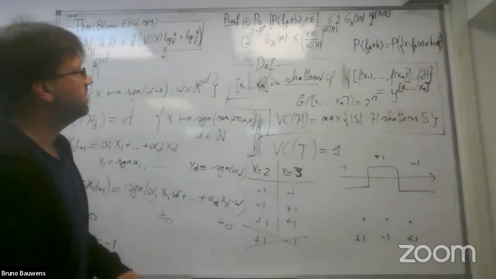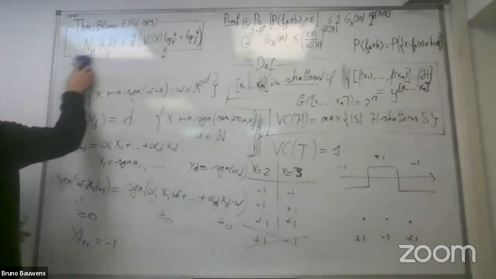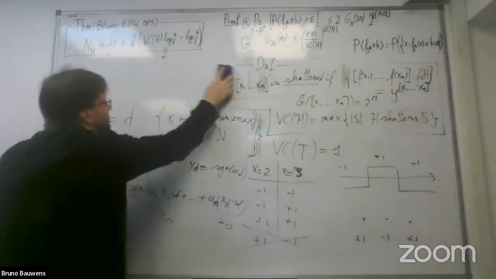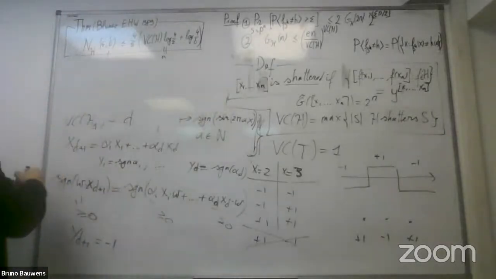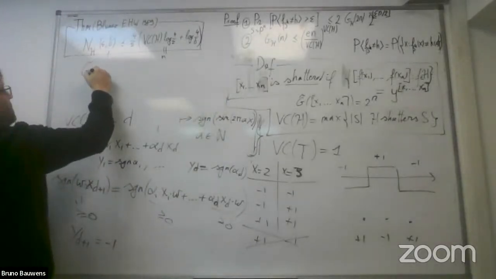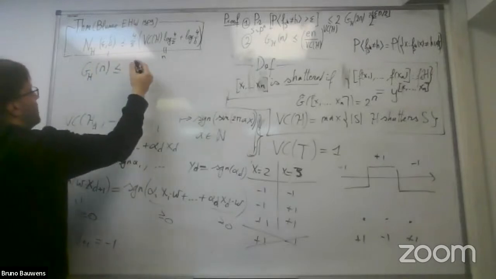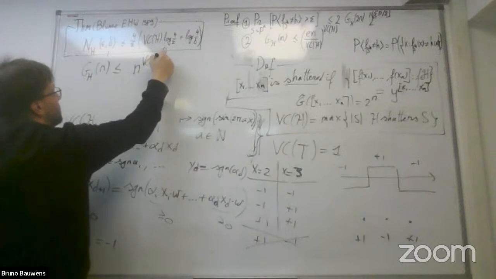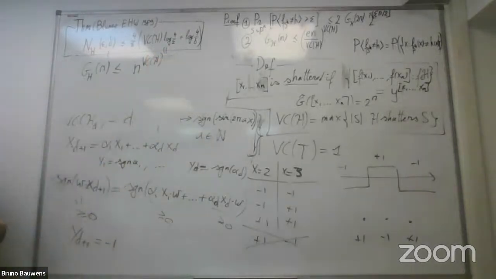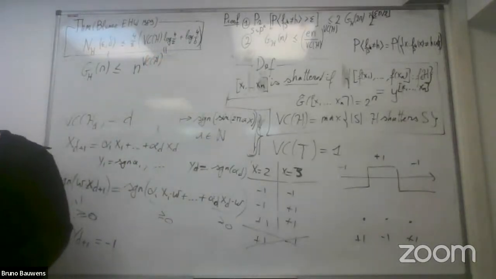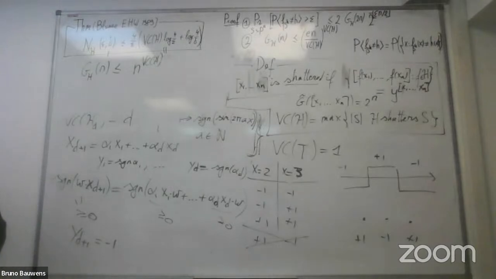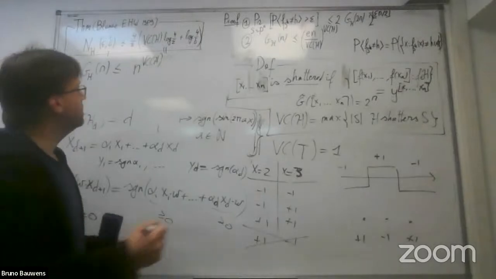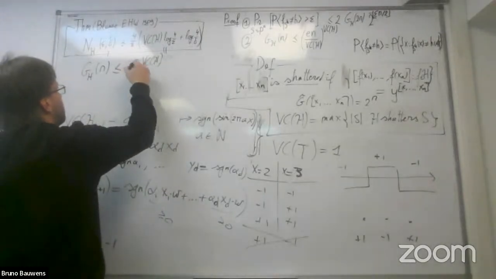Actually, there exists another bound, also quite impressive. The growth function of H at n is bounded by n to the power VC of H. So that's an easier bound. Sorry, n plus 1. We need a little more.